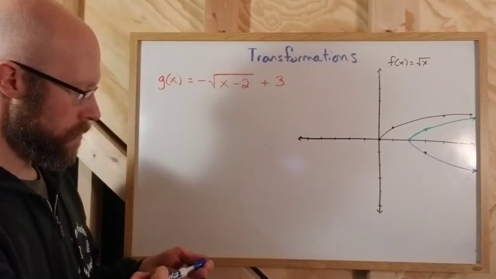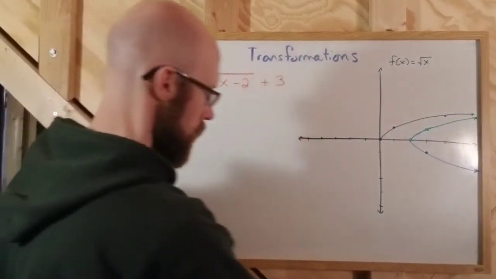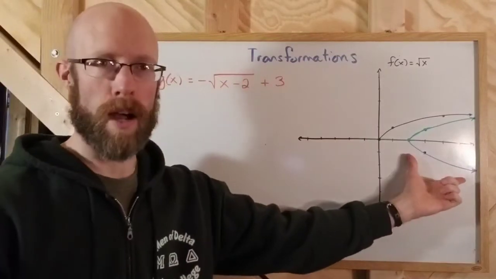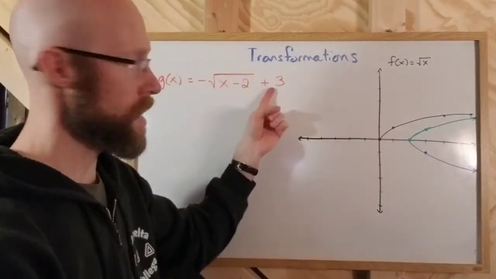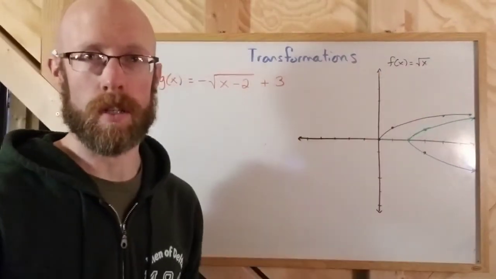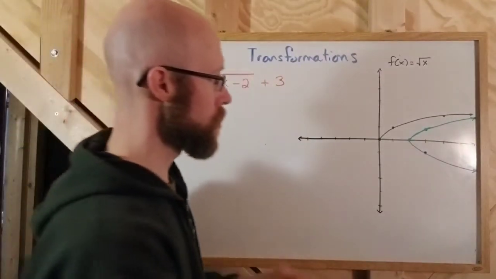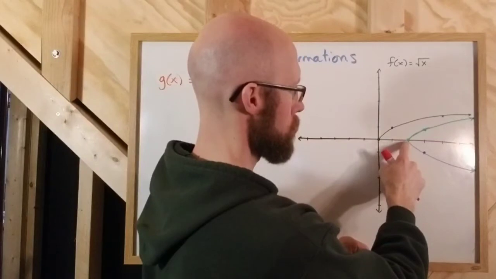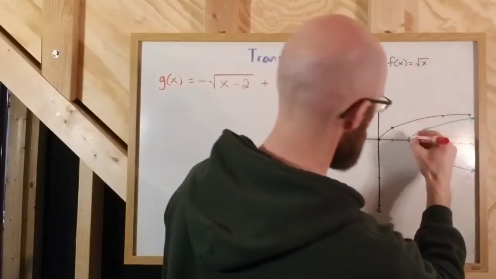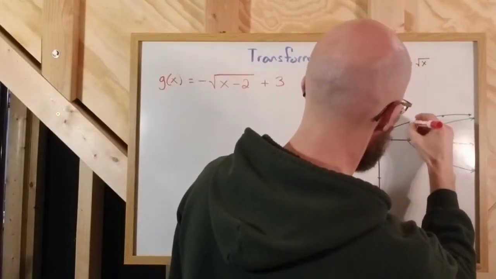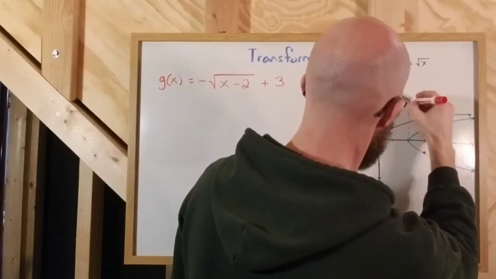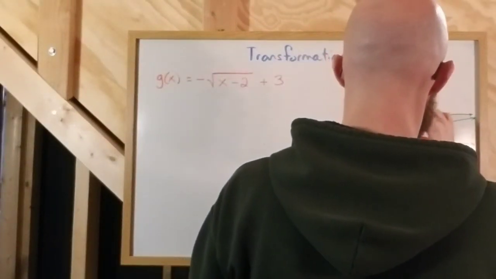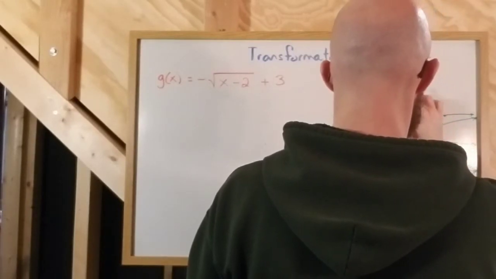Okay, and then finally, the actual graph of the function g takes that blue graph that I just drew and adds 3 to it, so shifts it vertically 3 units. And so the end point here goes from the x-axis up 3. Okay, and then I'll erase all of this.